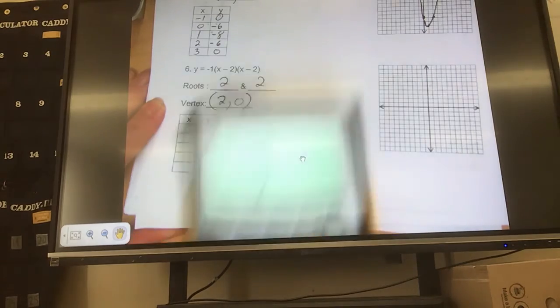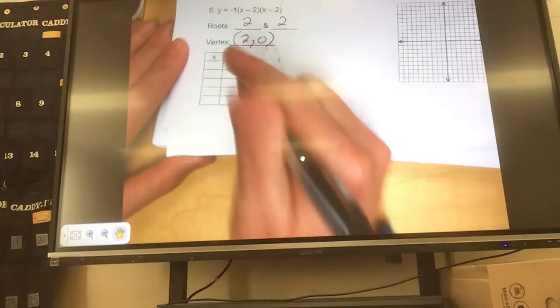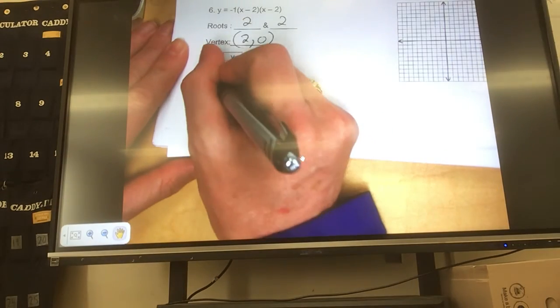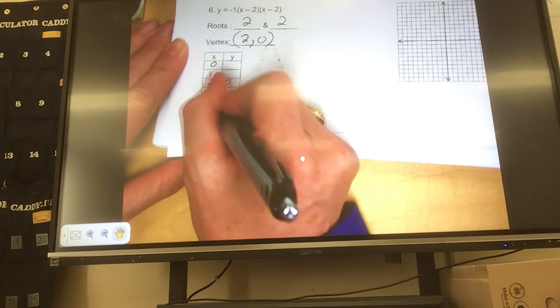And it's right there at the turning point, so it has to be my vertex. If you didn't know that, you could have done second trace maximum, and it would have told you 2, 0. So I put that right in the middle. 1 less, 1 less, 1 more, and 1 more.